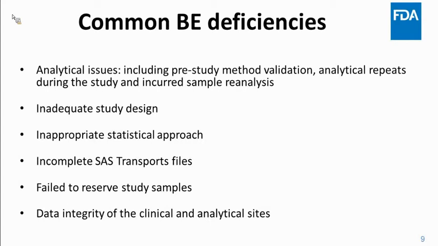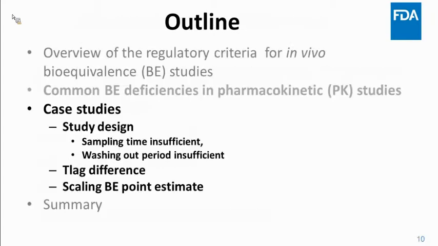It includes pre-study method validation and within the study. 2, inadequate study design. 3, inappropriate statistical approach. 4, incomplete SAS transport files. 5, failure to retain study samples. 6, data integrity of the clinical and analytical sites.